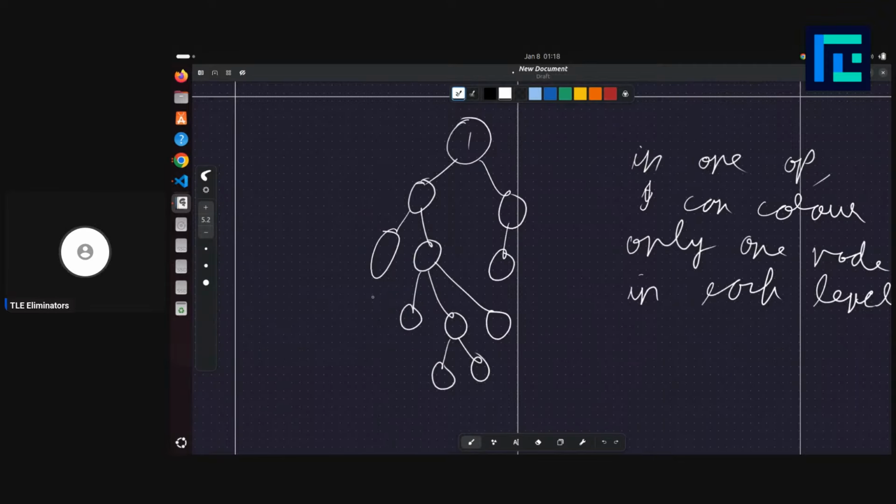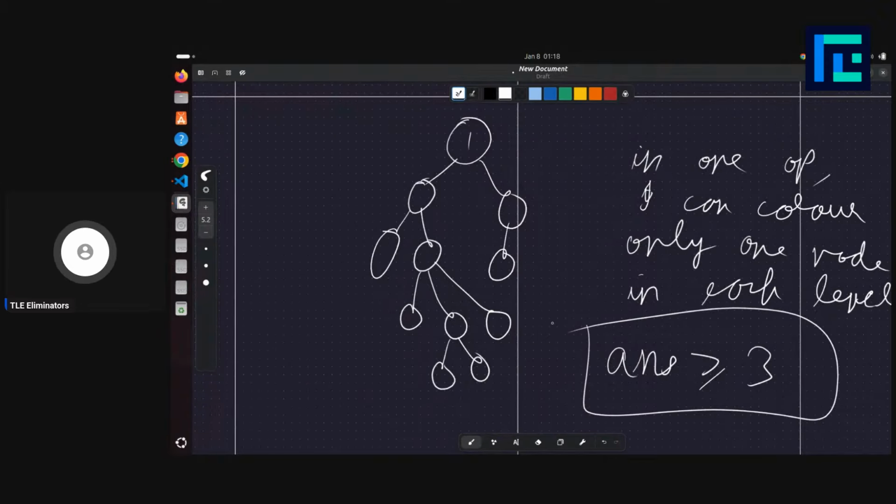You can see that this level has one node, this one has two nodes, this has three nodes, this has three nodes, and this has two nodes. So my point is that my answer is greater than or equal to three. Why? Because I can only color a single node in a level in one operation. If I want to color all of these three nodes, I'll have to use at least three operations because I cannot color any two of them in the same operation, right?